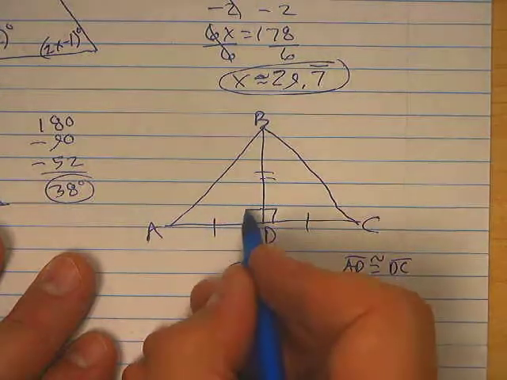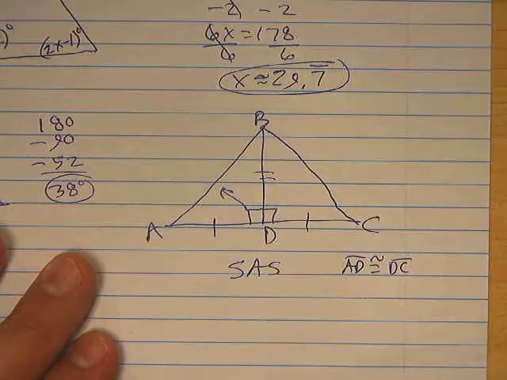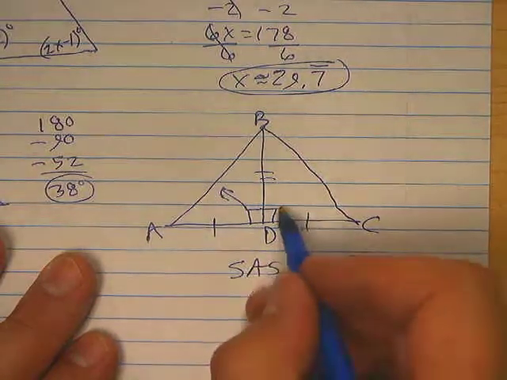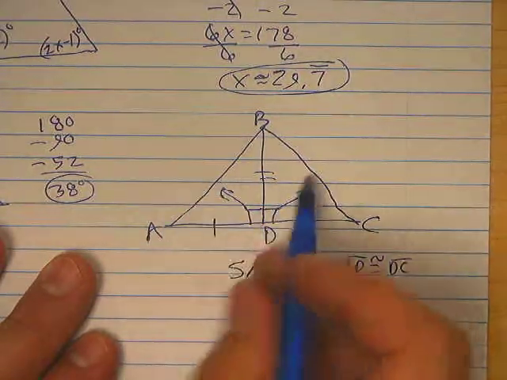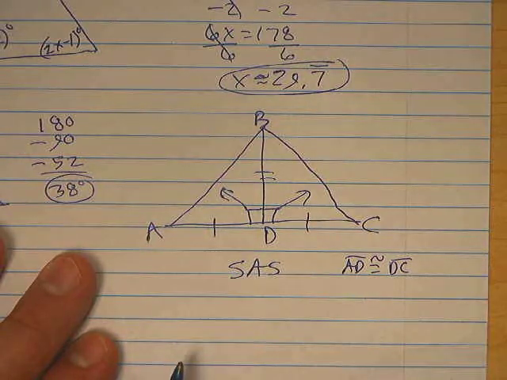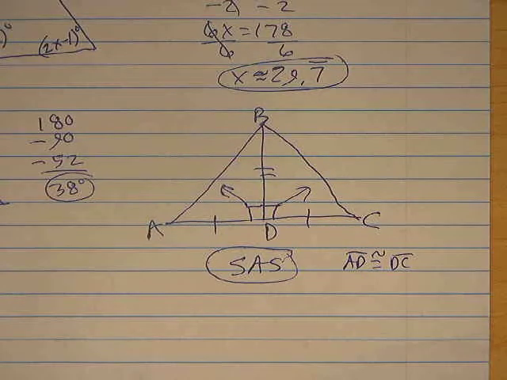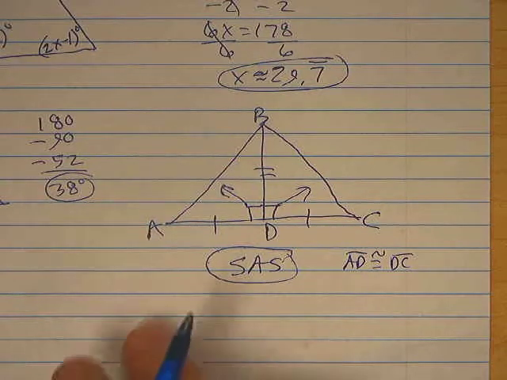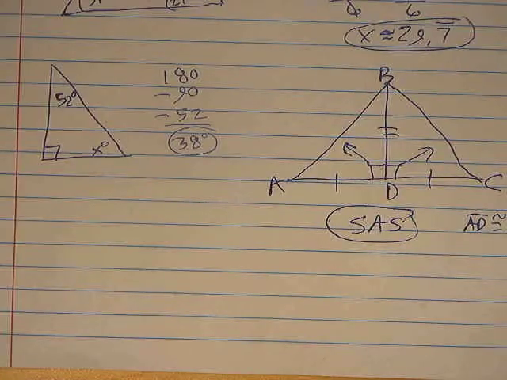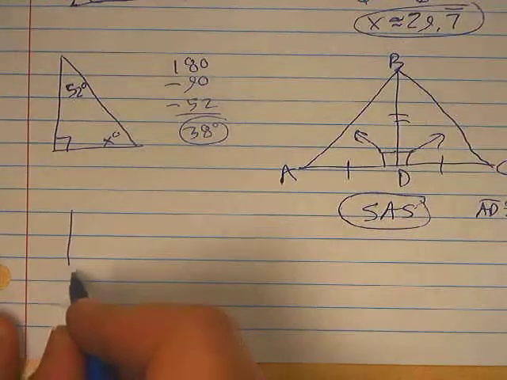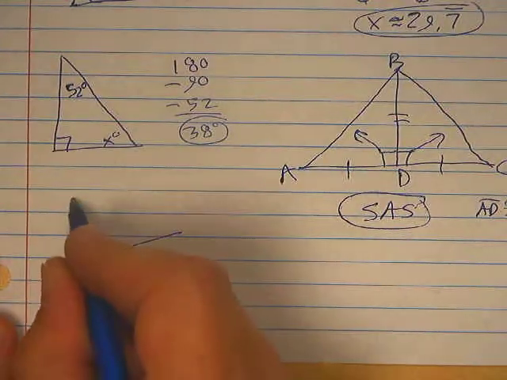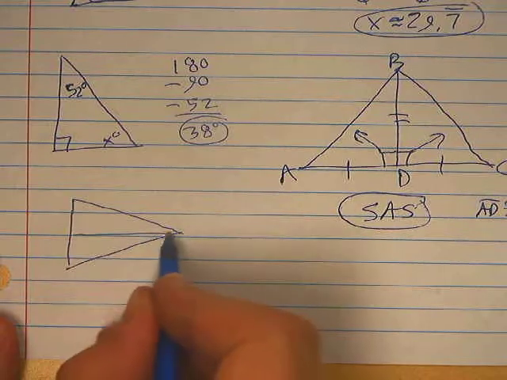So this is going to be side angle side, SAS. Now a lot of you think, well, this is a right triangle, so it's got to be HL. That's not the case because you can see the right angles point to the hypotenuse, and there's nothing on the hypotenuse, so it can't be HL. It's got to be side, angle, side. Right. Next, let's say I have two more triangles.